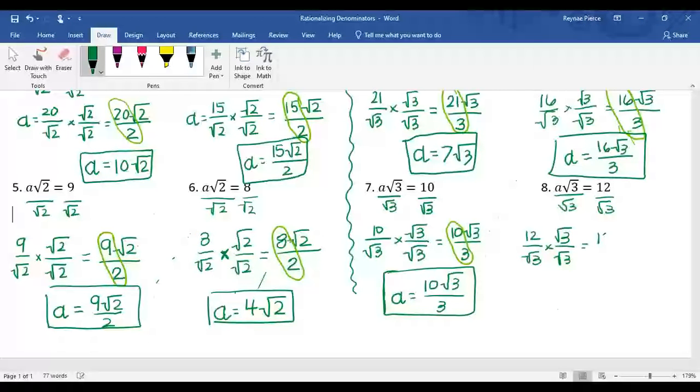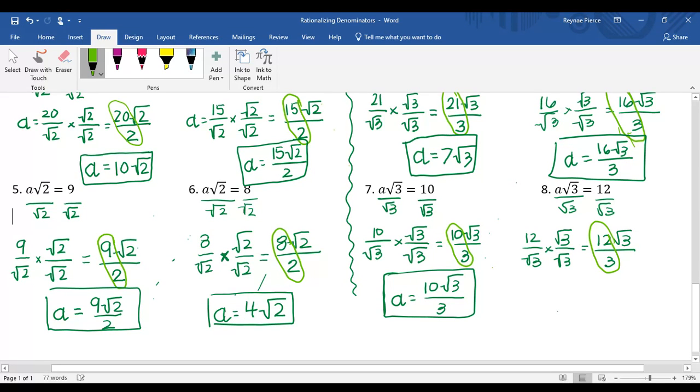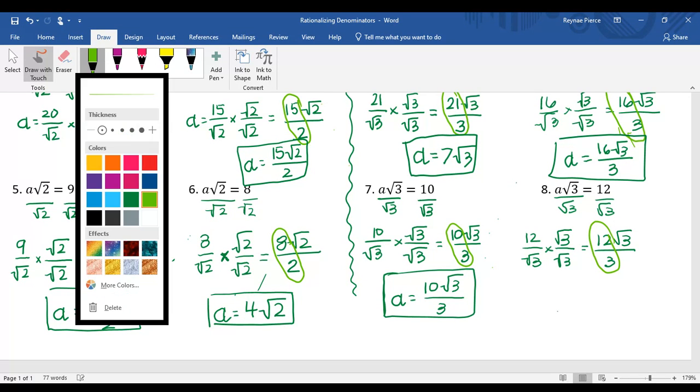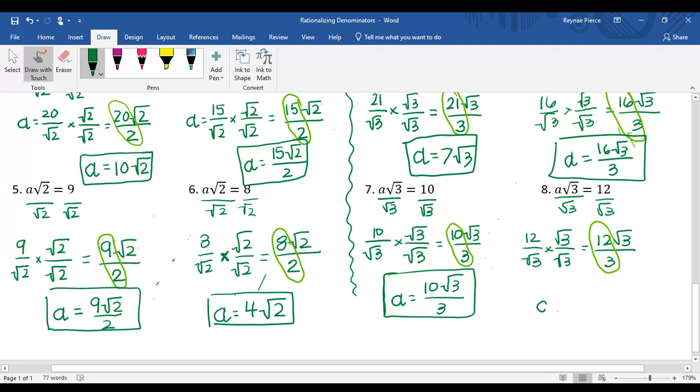Numerator will be 12 square roots of 3. Denominator is 3. Ask, is 12 divisible by 3? It sure is. Since 12 divided by 3 is 4, our final answer for the short leg is 4 square roots of 3.